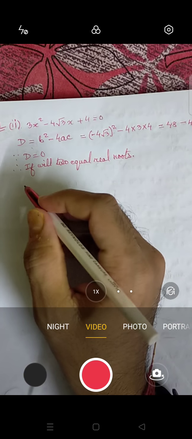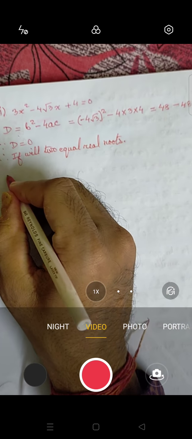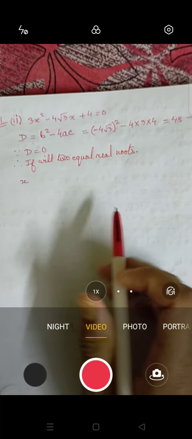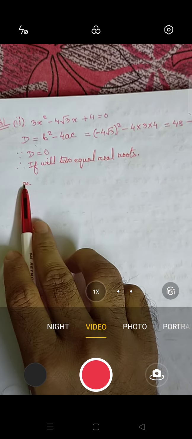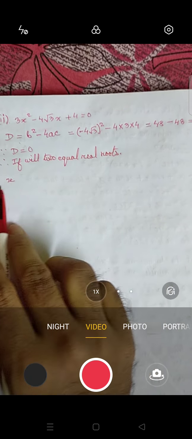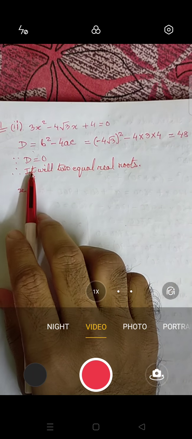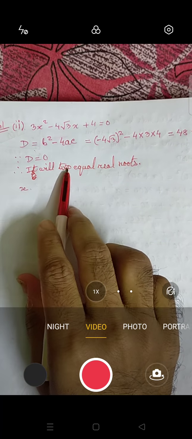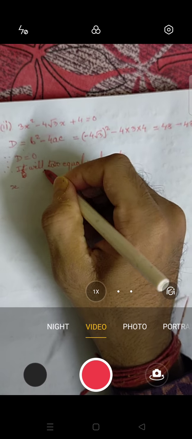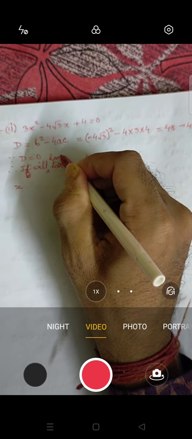So here we'll find it. So here x is there, so we'll write x. If the question carries y, we will write y. If the question carries z, we will write z. Okay. So here question is x, so we'll write x. Sorry, little mistake. It will have two equal real roots.